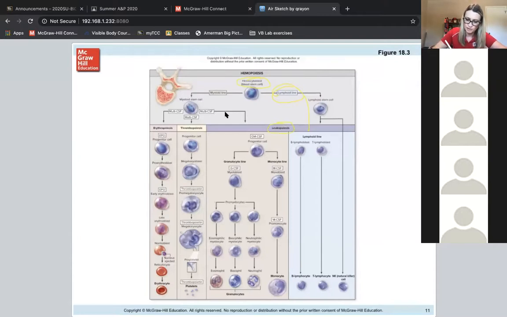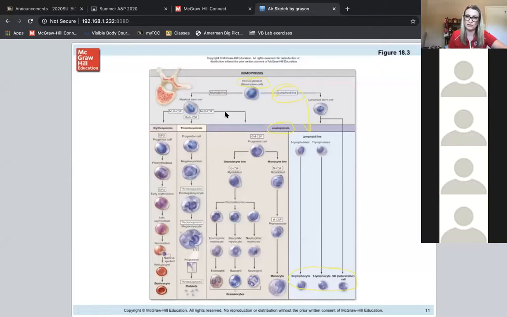So the lymphoid line goes through leukopoiesis and forms one of these three cells right here. It forms B lymphocytes, T lymphocytes, and natural killer cells. So the lymphoid line gives you B cells, T cells, and natural killer cells through the process of leukopoiesis. All right, that's what I want you to know about the lymphoid line.